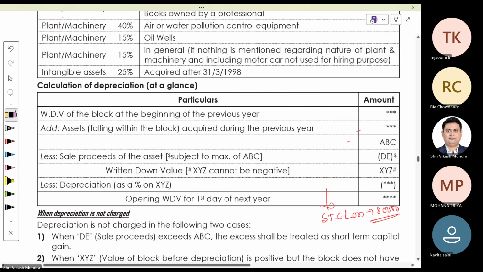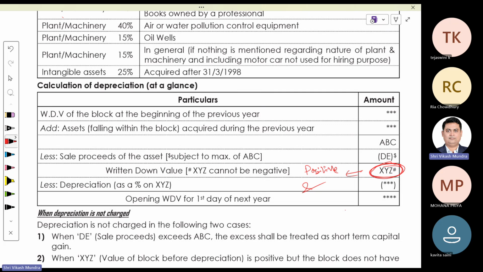In short, we should charge depreciation only if this XYZ value is positive, as well as we have at least one asset in the block. That means the block does not cease to exist.